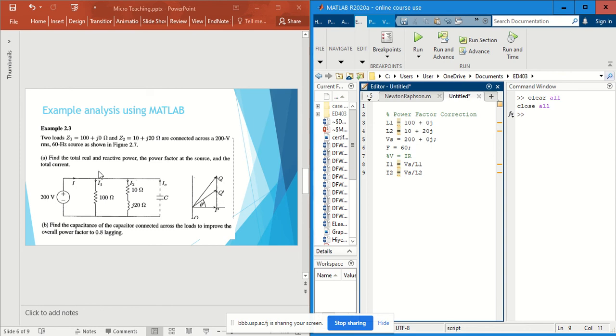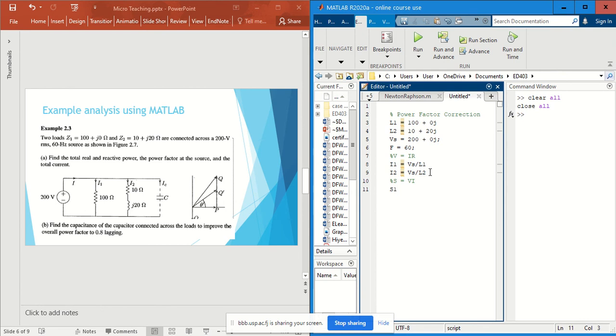Right. So now we know what is the current flowing in the first line. That is I1. And the current flowing through the second line is I2. Now let's find the apparent power. So I'll put it down here again for your reference. S is equal to VI. So first we are going to calculate the total apparent power consumed by load 1.